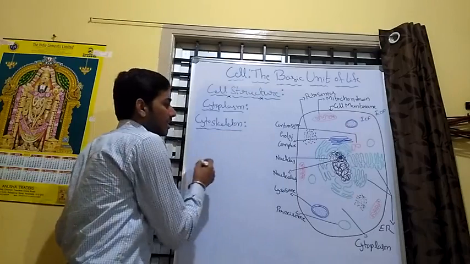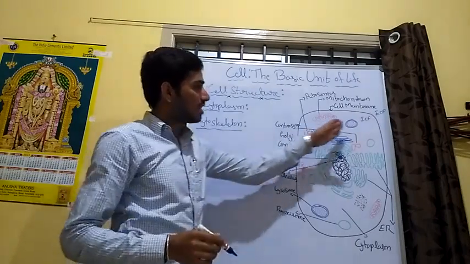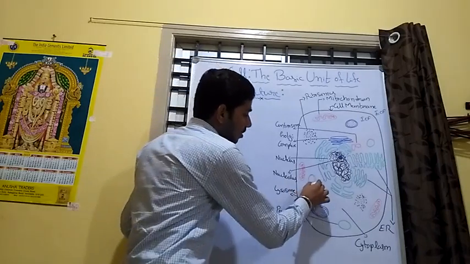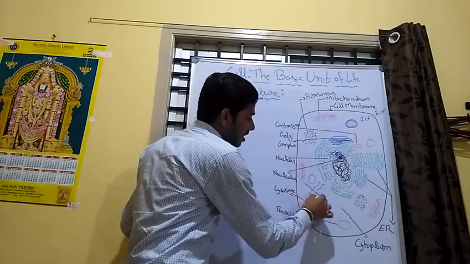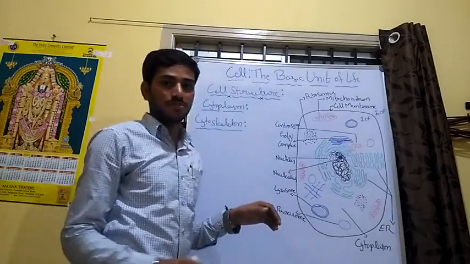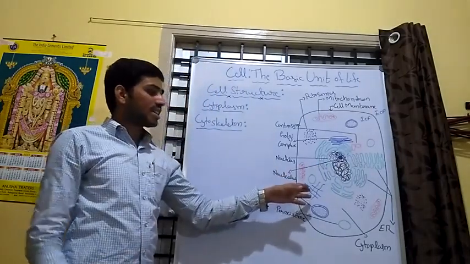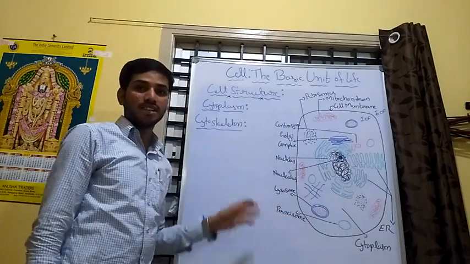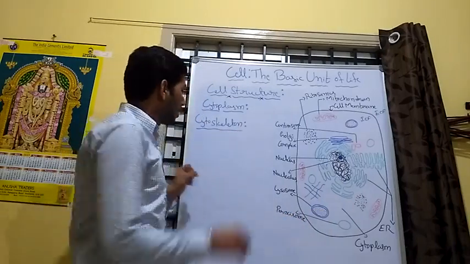Next, the cytoskeleton. The cytoplasm contains thin, protein network-like structures, and these are called the cytoskeleton.